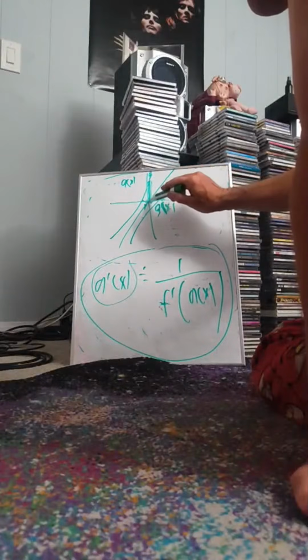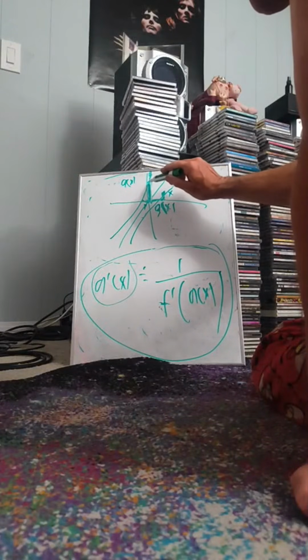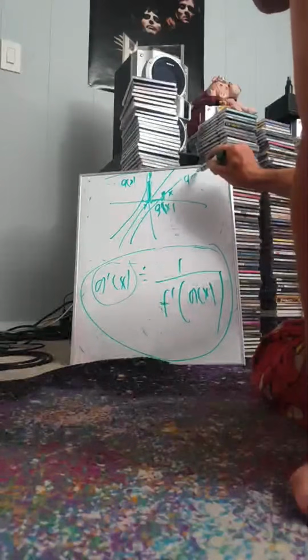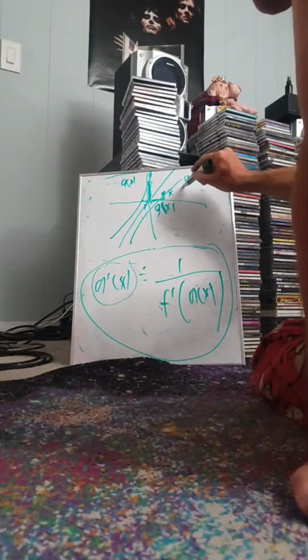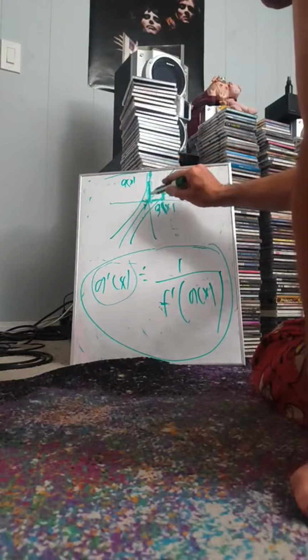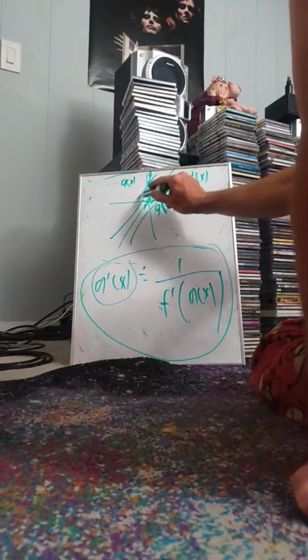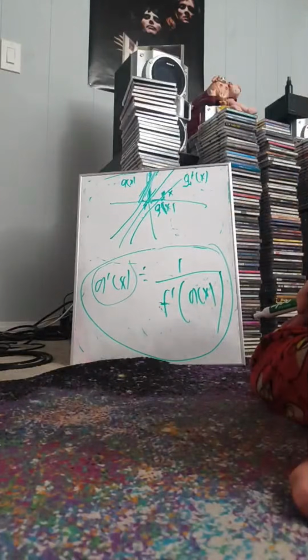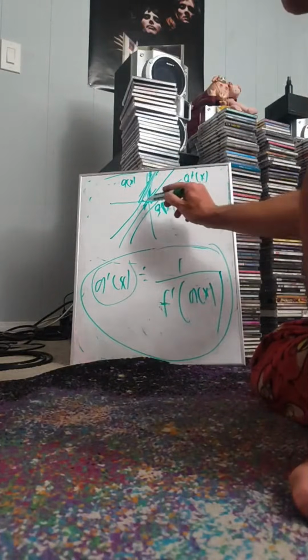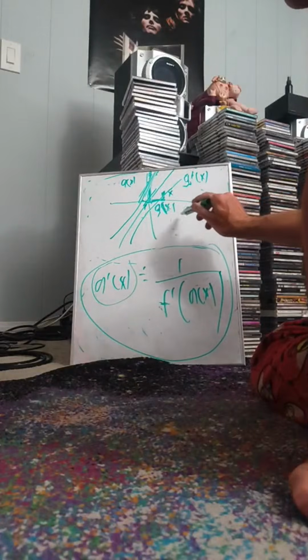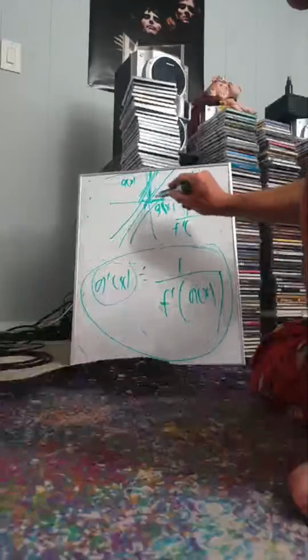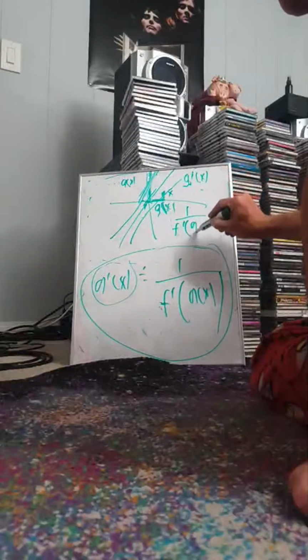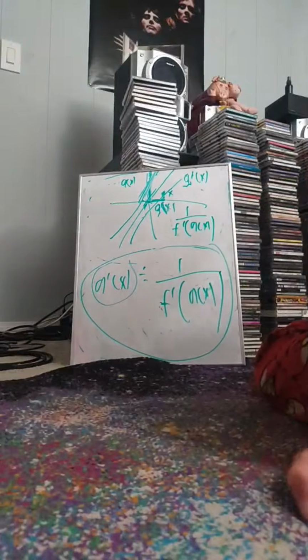So if I take g prime of x, that is this slope, so it's this slope up here. That's g prime of x. Got that? This is 1 over this slope, which is f prime of the big line, which is g of x.